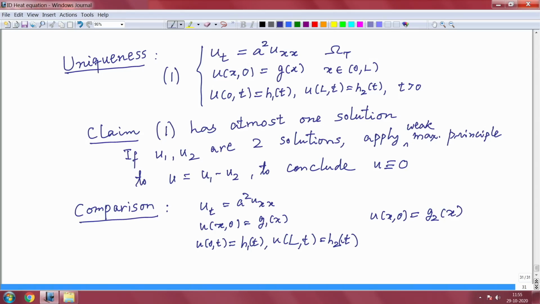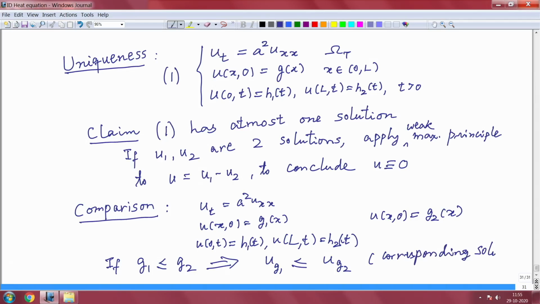So, comparison means, if G1 is less than G2, then you get corresponding solutions. So, let me call them U_G1, U_G2, corresponding solutions.